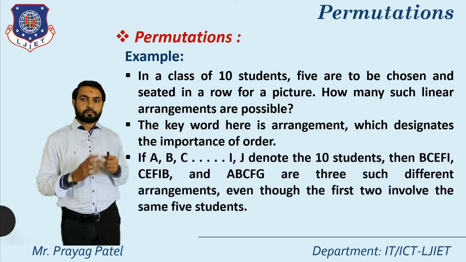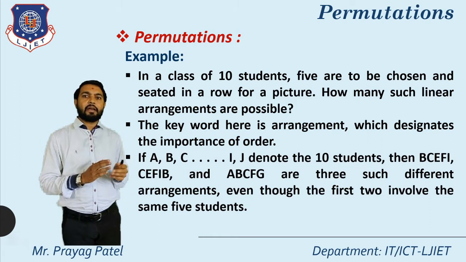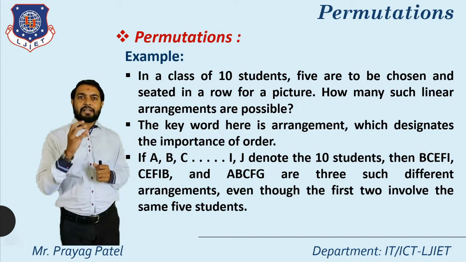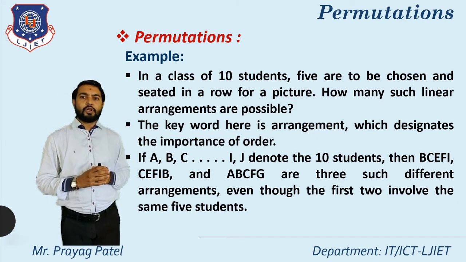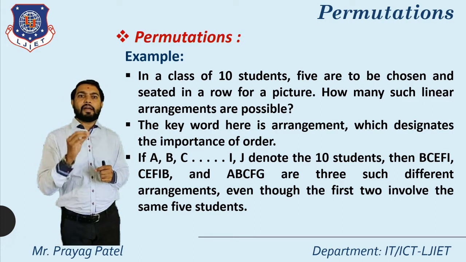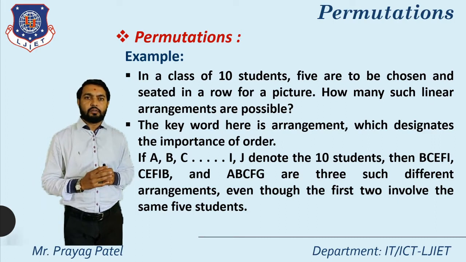So see here, A, B, C, D, E, F, G, H, I and J. These are considered as the 10 students, named A to J. Now here, for example, we have to select only 5 students from these 10 students.